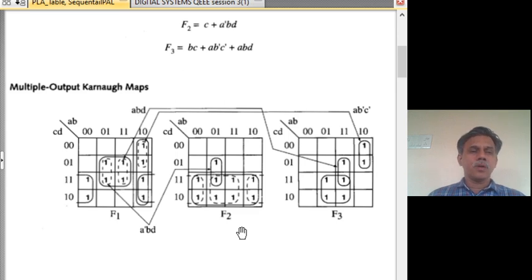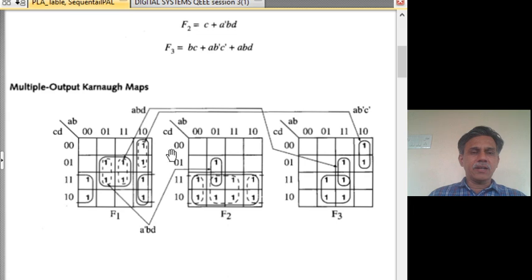So we should try to identify common patterns or coverages in these K-maps and try to make use of it. So from that, what we see is, instead of generating this 4 square, we treat it as the sum of these 2 squares and use this. Similarly, if you look at this coverage, this is one whole vertical 4 square, which will be nothing but A B bar.